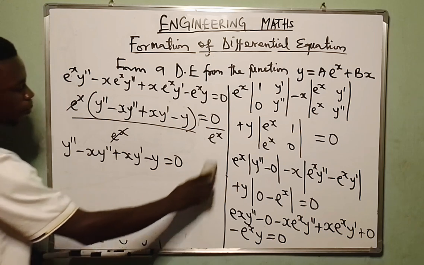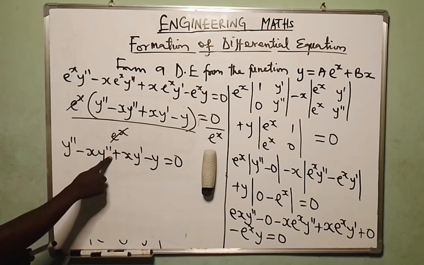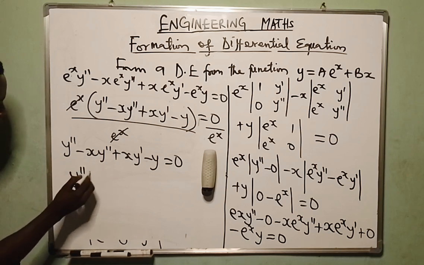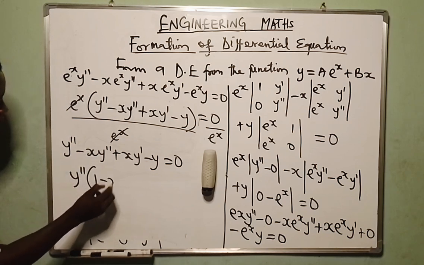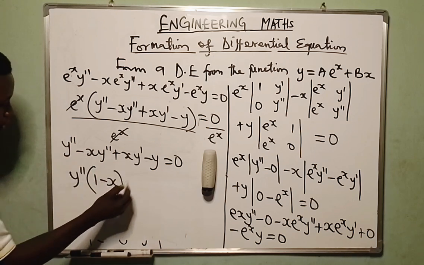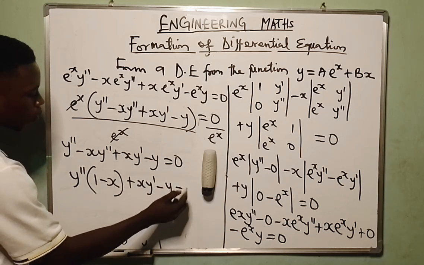But for us to group it together, we have x y prime prime and y prime prime. You can factor it out and you have y prime prime into 1 minus x, because what remains here is 1, and here we have minus x, plus x y prime minus y equal to 0.